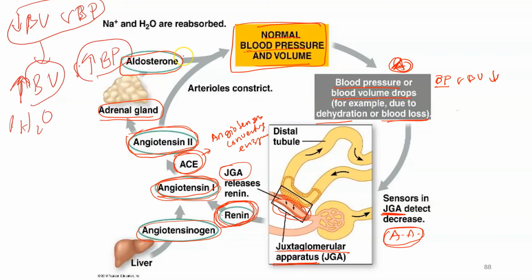Okay, so the hormone aldosterone causes the reabsorption of more water and sodium ion, and causes arterioles to constrict. When arterioles constrict, blood pressure increases.